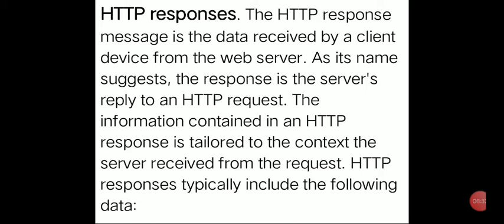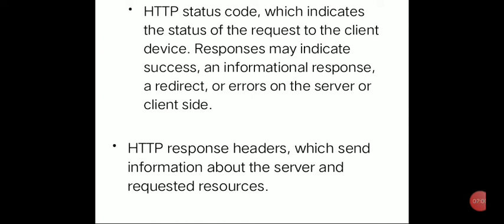HTTP responses. The HTTP response message is the data received by a client device from the web server. As its name suggests, the response is the server's reply to an HTTP request. The information contained in an HTTP response is tailored to the context the server received from the request. HTTP responses typically include the following data. HTTP status code, which indicates the status of the request to the client device.